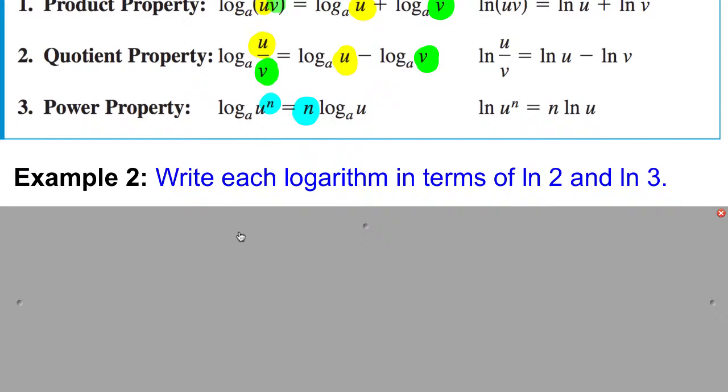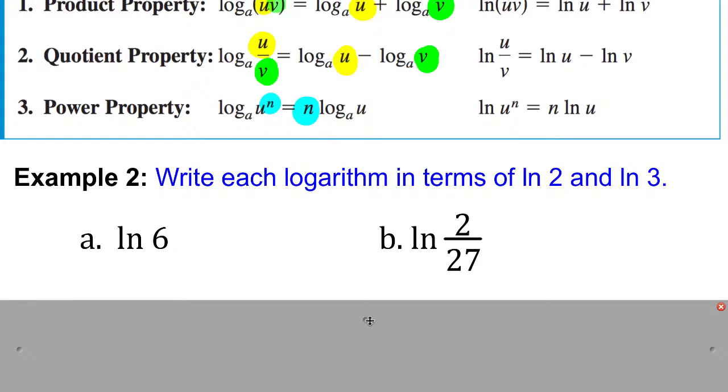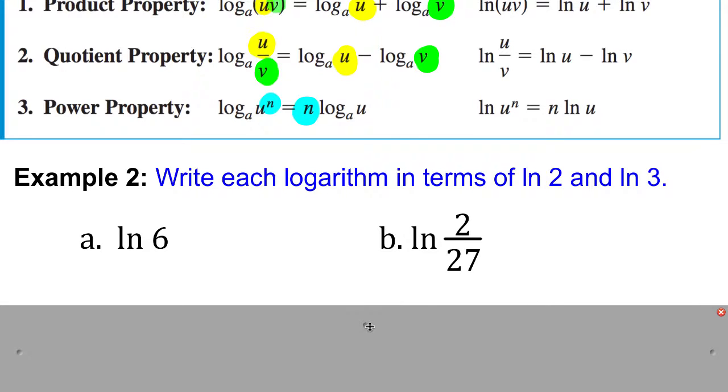In this example, we're going to write the logarithm in terms of the natural log of 2 and the natural log of 3. So let's see what we're given here. First, I have the natural log of 6, and we're trying to rewrite this using the properties of logs in terms of the natural log of 2 and the natural log of 3. Well, first of all, 6 is equal to 2 times 3.